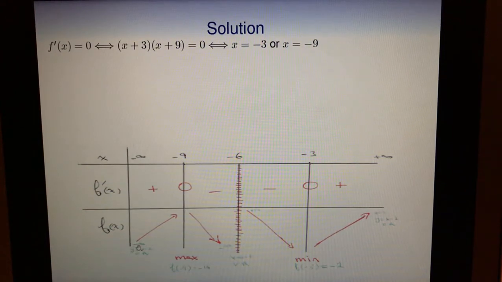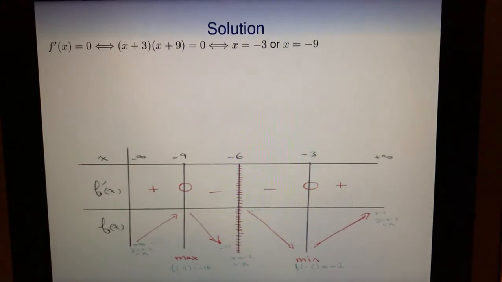So f of x is increasing from -infinity, and then in the interval between -9 and -6, f of x is decreasing because f prime of x is negative.